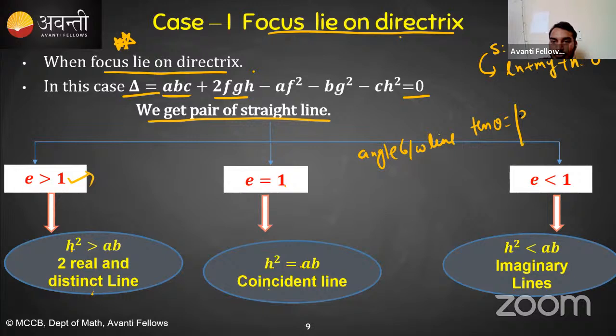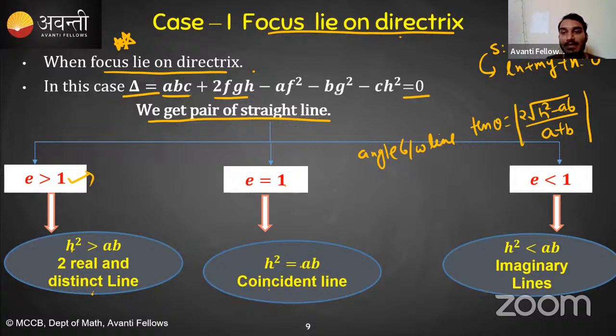Tan theta is nothing but 2 times under root of h square minus AB upon A plus B. So there also we said clearly that if h square is greater than AB, we are getting some angle between the lines, which means two real and distinct lines. If h square equals AB, the angle between the lines is 0, which means the lines are coincident. And if h square is less than AB, then the term inside the under root is negative, and we will get imaginary lines.